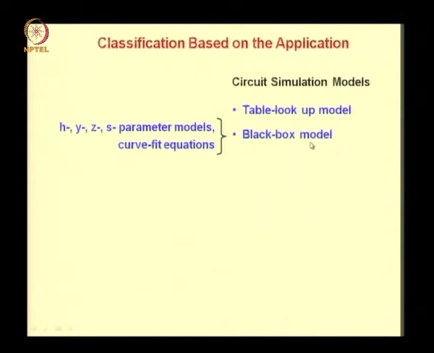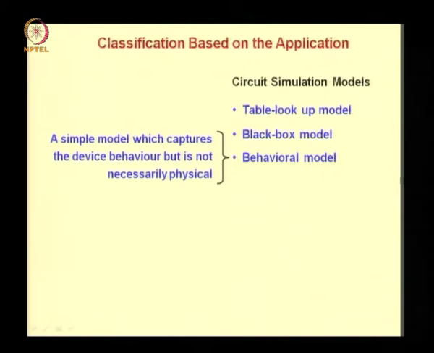The black box model. Examples of these are H, Y, Z or S parameter models or curve fit equations. Here the device is treated as a black box and its terminal or input output characteristics are modeled in terms of a few parameters. Behavioral model. It is a simple model which captures a device behavior but is not necessarily physical.